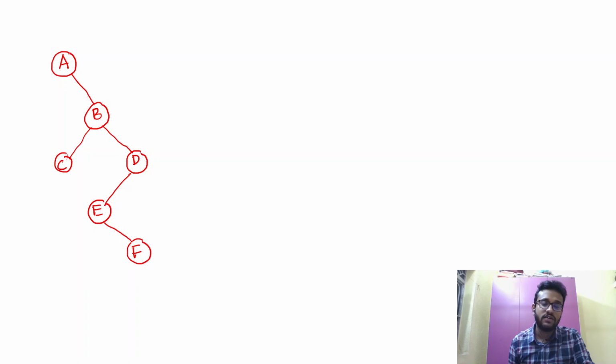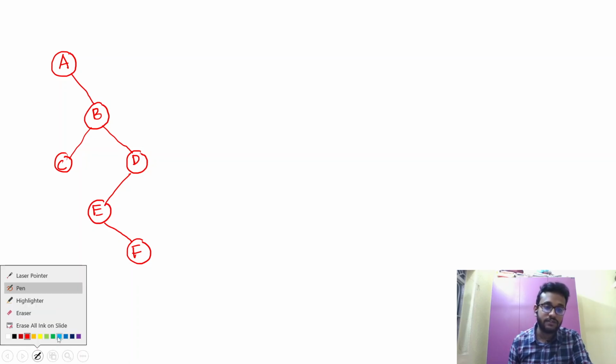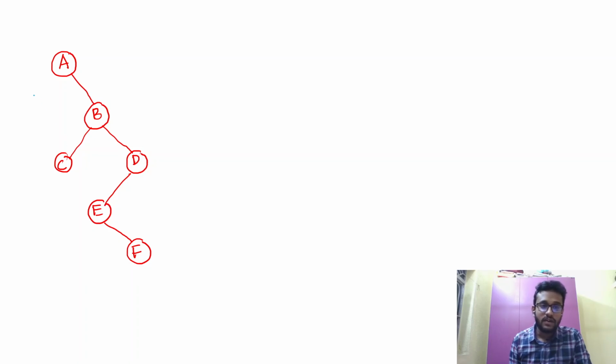You have to find it. It's very simple. So how can you do it? Let me change the color of the pen, that will be easier for you to understand.